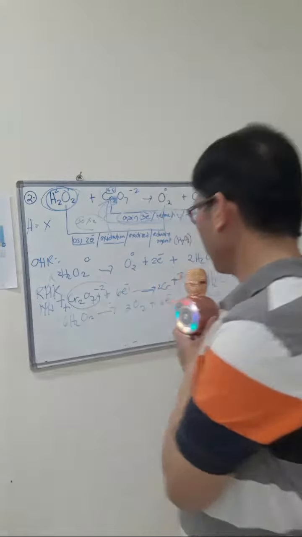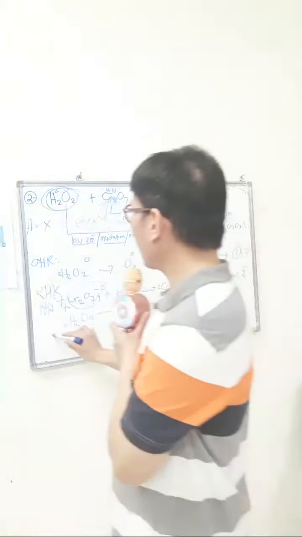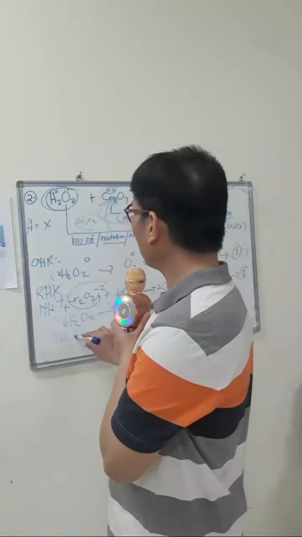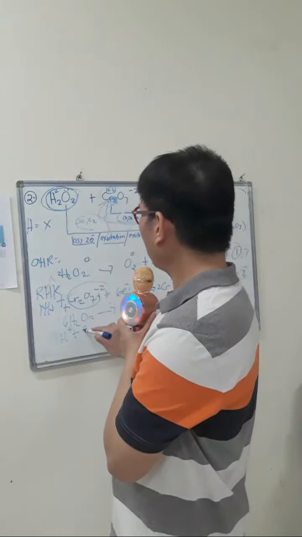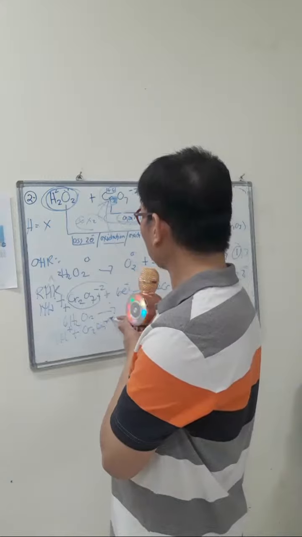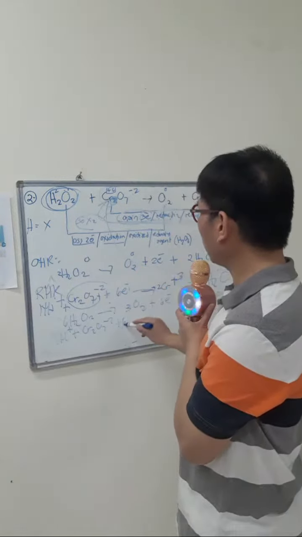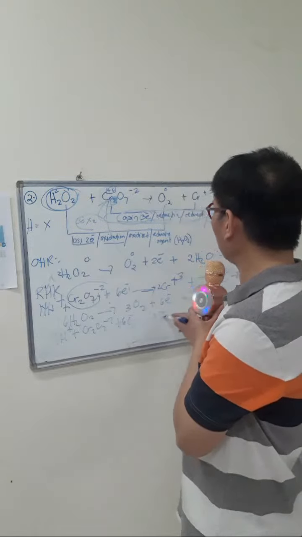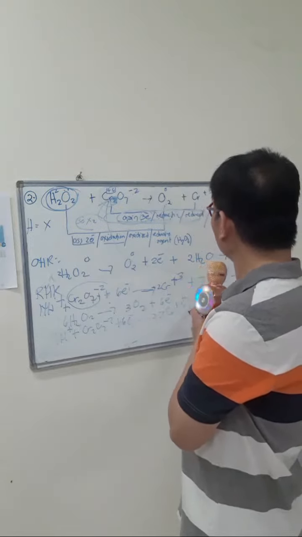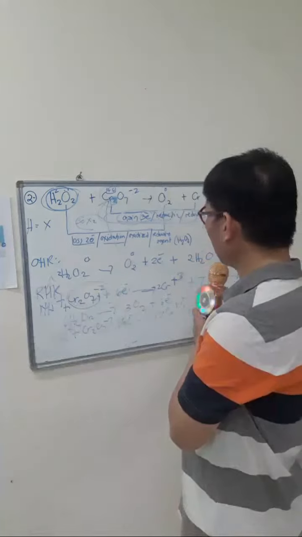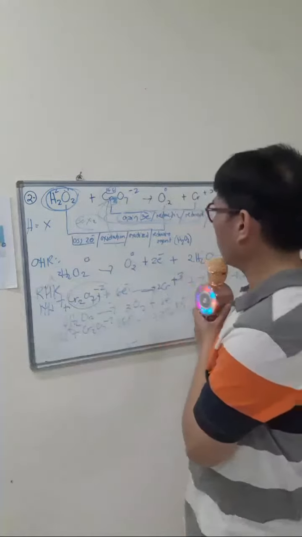And the other one is 14H plus dichromate plus 6 electrons. You don't have to multiply. It is equal to 2 chromium positive 3 plus 7 moles of water. And then you have to cancel the electrons.